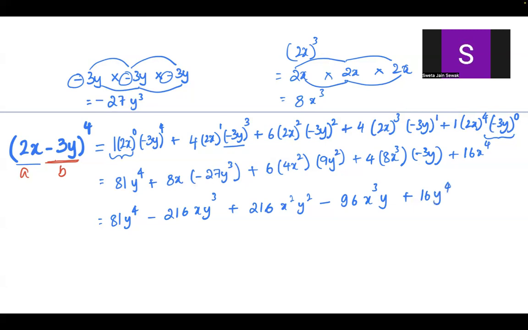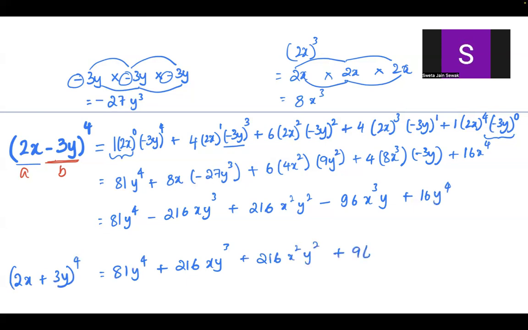Now, if you compare this answer with the answer of 2x plus 3y to the power 4, and check, this is what you got: 81y to the power 4 plus 216xy cube plus 216x squared y squared plus 96x cube y plus 16x to the power 4. Sorry, this is also x to the power 4, not y to the power 4.